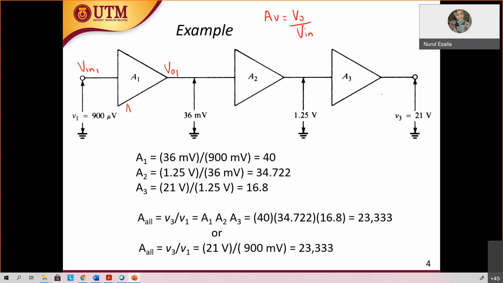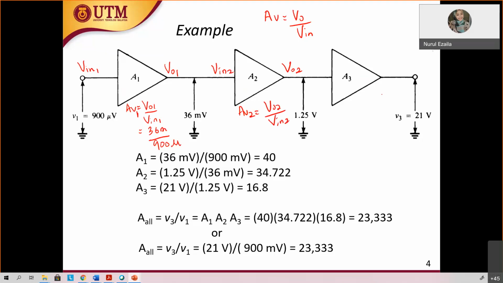AV1 is equal to V out 1 over V in 1, which is 36 milli over 900 micro. How about AV2? This is V in 2, this is V out 2, so AV2 is V out 2 over V in 2.